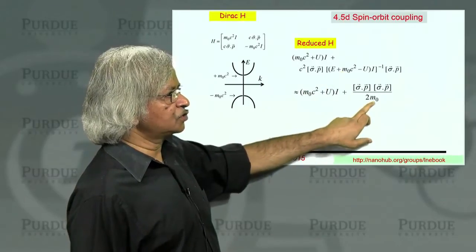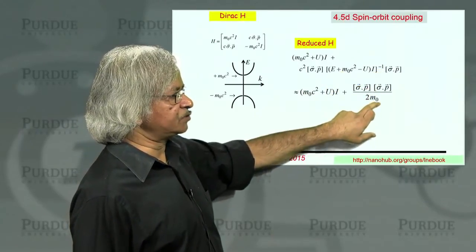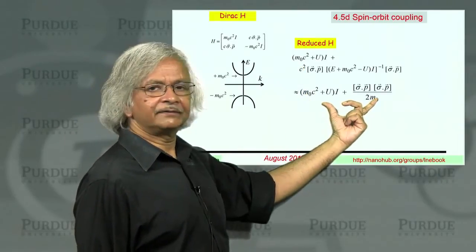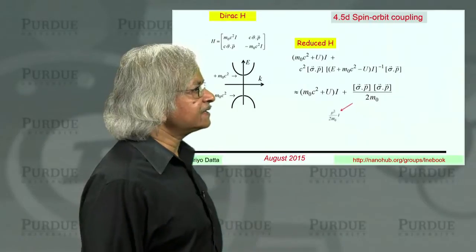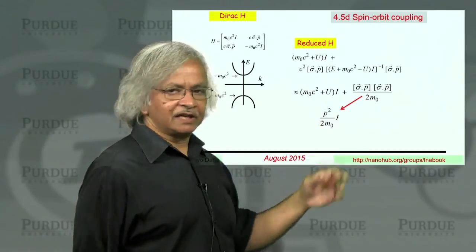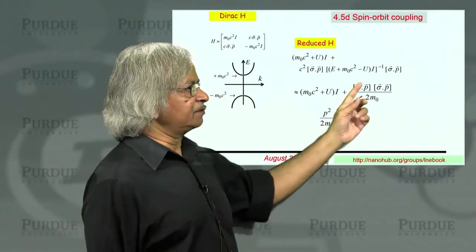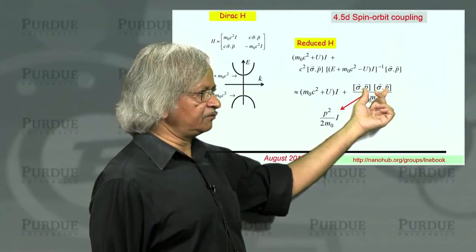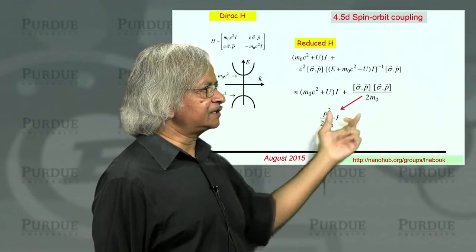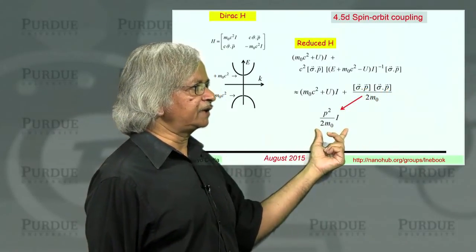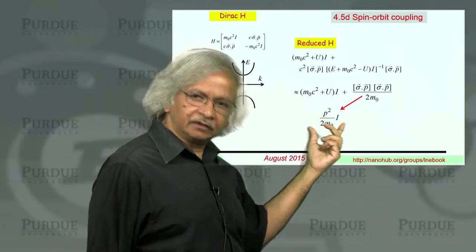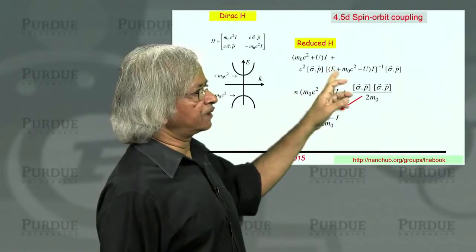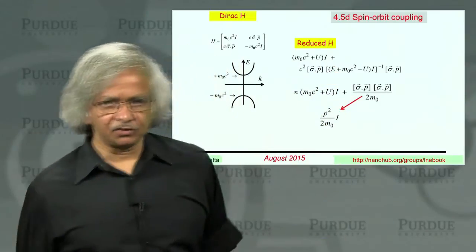There's an inverse, so that's 2mc square, and the c square cancels out the one we had before, and so you get this. And using this identity I had mentioned before, sigma dot v1 times sigma dot v2, where v1 and v2 are the same vector, that just gives you p square over 2m times I. And that's our usual non-relativistic answer. So this is what you get if you do the crude approximation of putting E equals mc square.